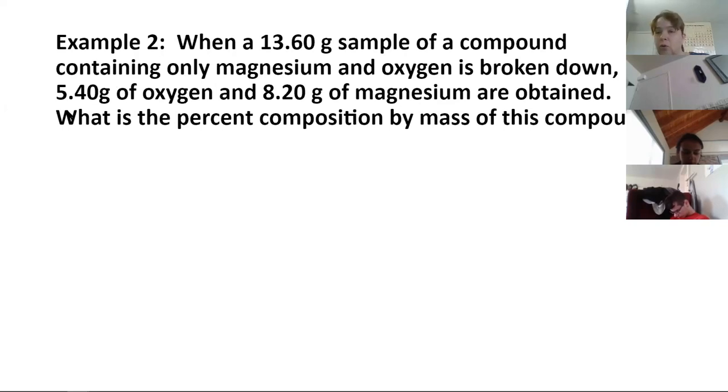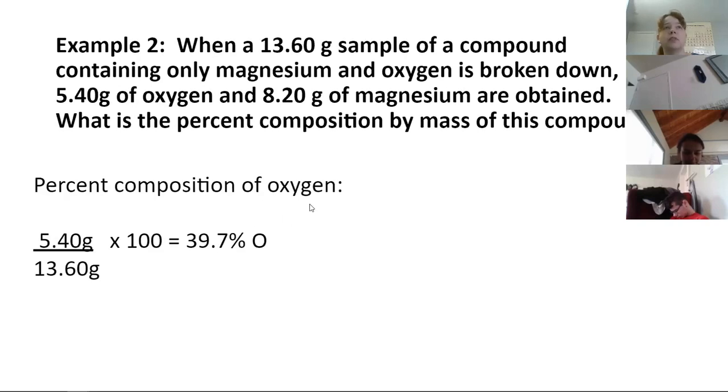Well, it tells you how much you have of each of those. So it tells us that we have 5.40 grams of oxygen. So that is the partial value for oxygen. So when we want to find the percent composition of oxygen, we would have the amount of oxygen, which is 5.40, divided by the total mass of the sample times 100 to get our oxygen.